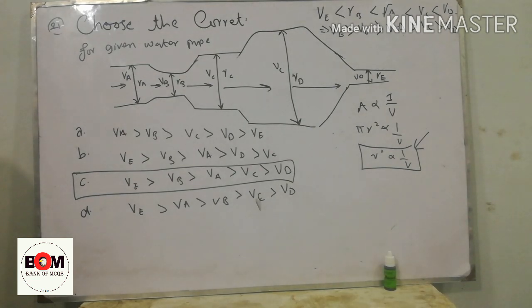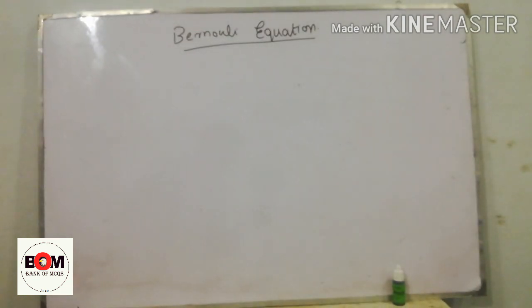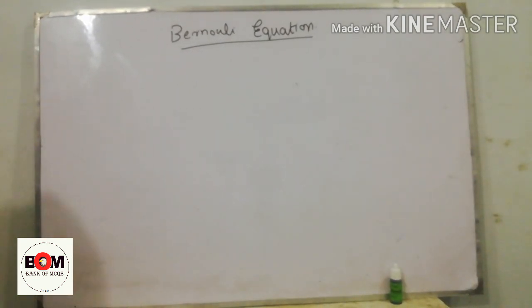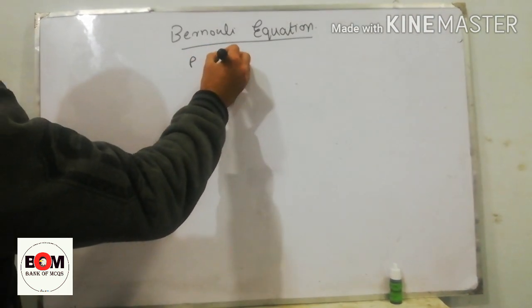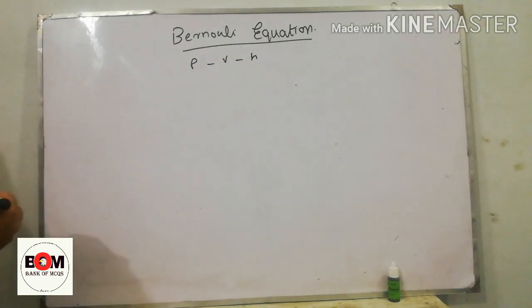Now let's derive the Bernoulli equation in a few short steps, and then we will solve MCQs on the Bernoulli equation. The Bernoulli equation is the relationship between the pressure, flow speed and height of flow of an ideal fluid.